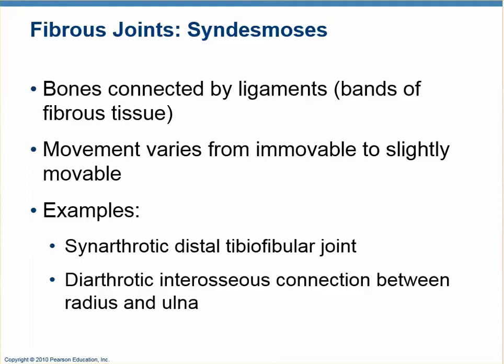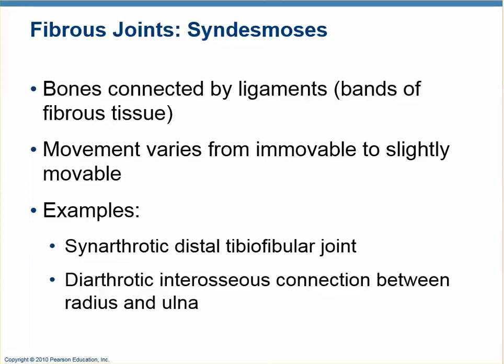So there is the distal tib-fib joint at your ankle, an example of a synarthrotic, or maybe amphiarthrotic, it's kind of borderline on that, syndesmosis. The joint between the radius and the ulna along its length is a big fibrous connective tissue, the interosseous membrane, and that would be considered a syndesmosis.